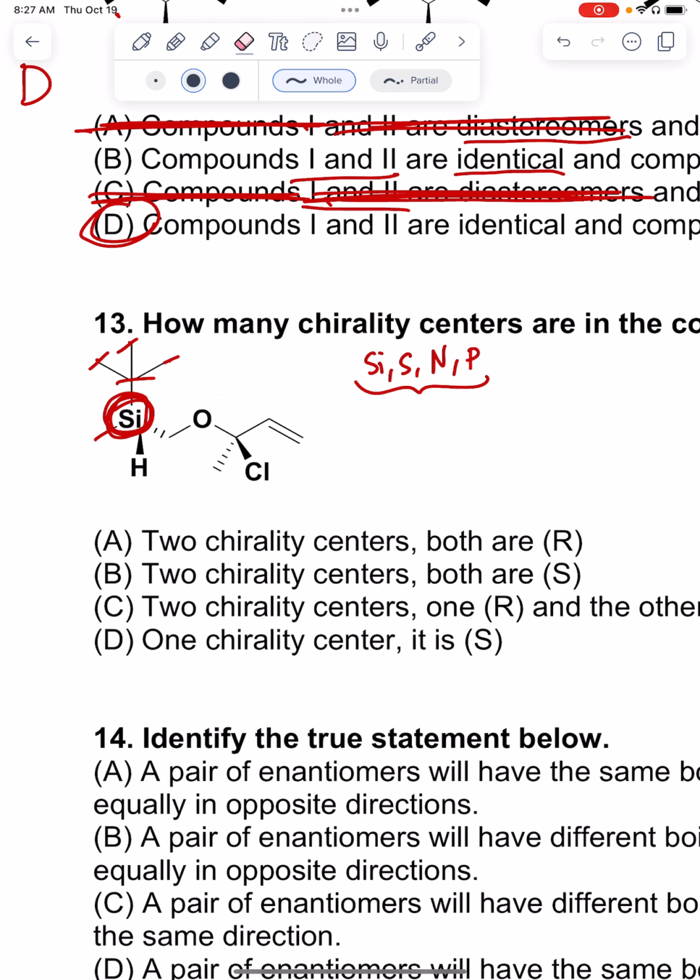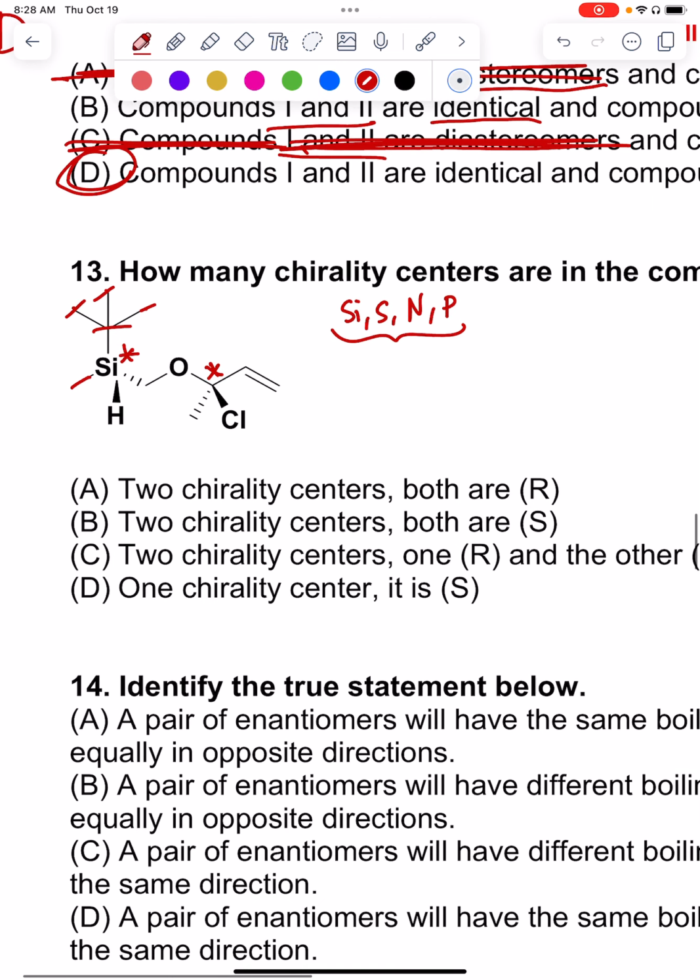Then we have this carbon with a methyl group, a chlorine, an oxygen, and a carbon. That's a chiral center, so I'll put a little star next to it. Here's a double bond, so we can't have a chiral center there. So it looks like we just have 2.